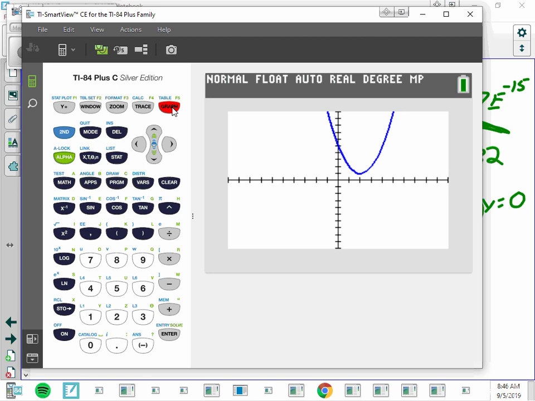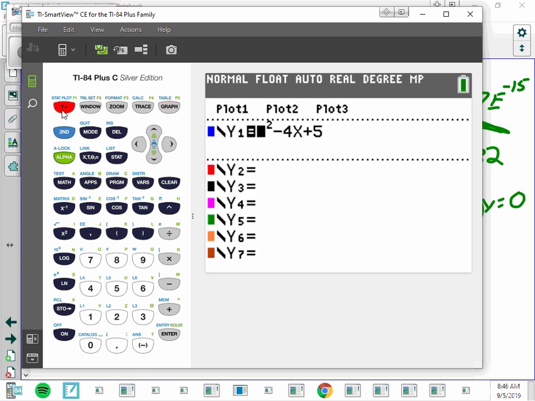And there are ways to find them, but graphing is not really the answer. There actually is a way to find the roots by graphing. It's just kind of complicated, so it's really not worth it. Okay. Next one.